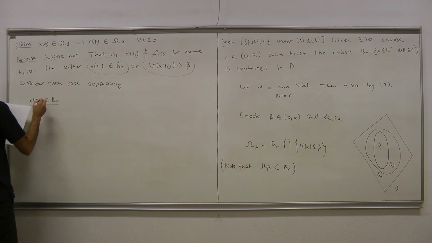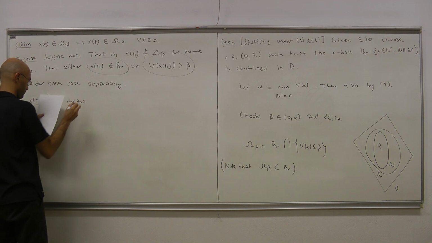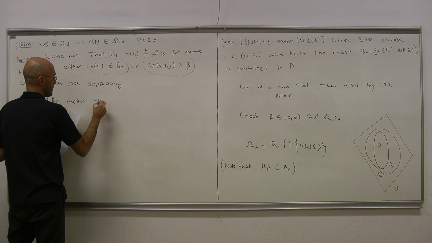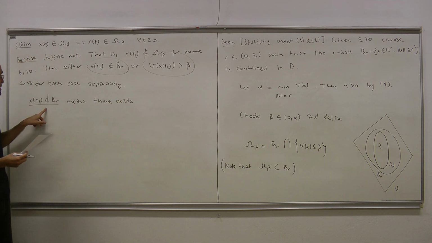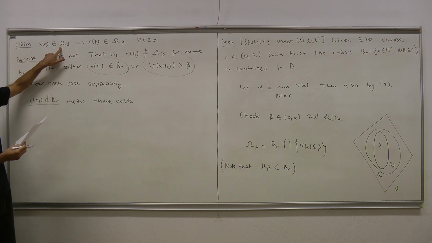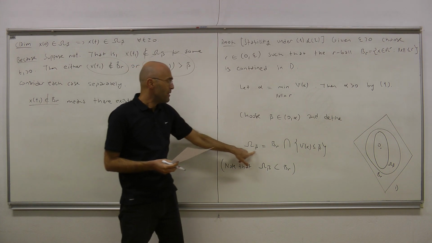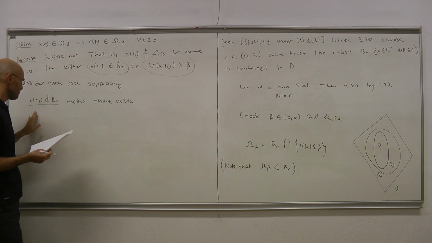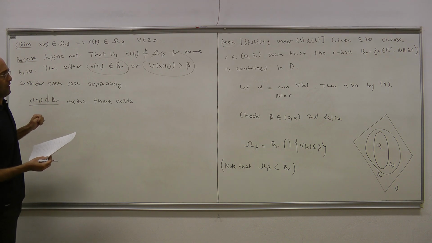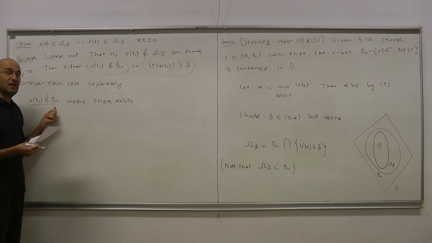Okay, suppose that this is true. This means what? So we start with x(0) in omega beta. Being in omega beta means it's in B_R. Okay, it's in B_R, and at some point later on, it's not in B_R.